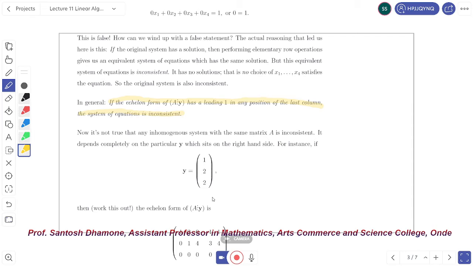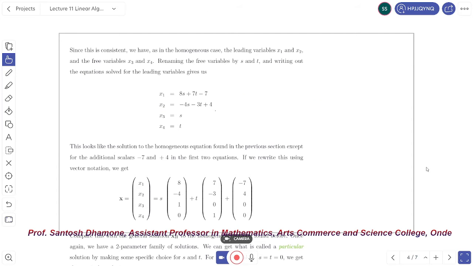Renaming the free variables by s and t and writing out the equations solved for the leading variables gives us our system of equations.